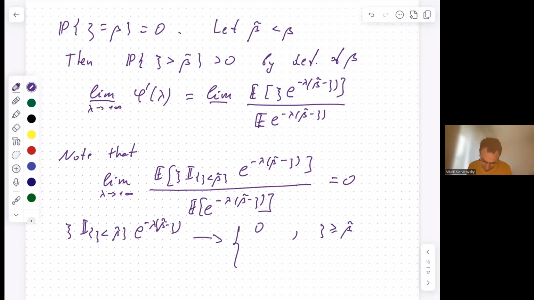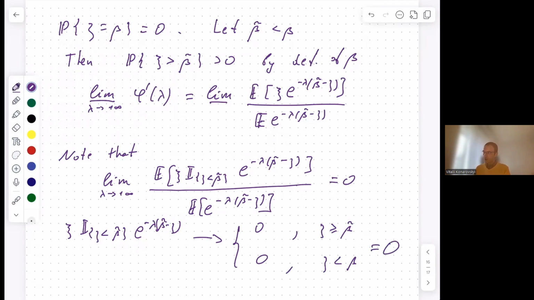But if it happens, then you have some positive number for fixed omega. And when you send lambda to plus infinity, you will have e to the power minus infinity, which gives you 0 as well. Therefore, the limit is equal to 0.